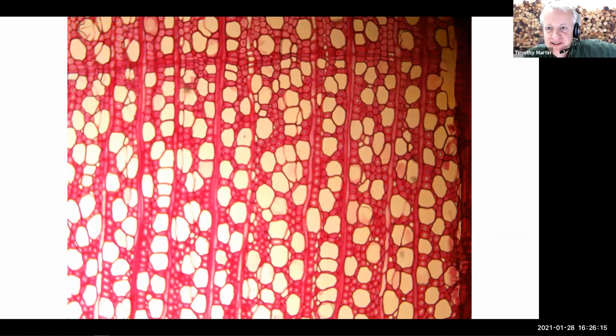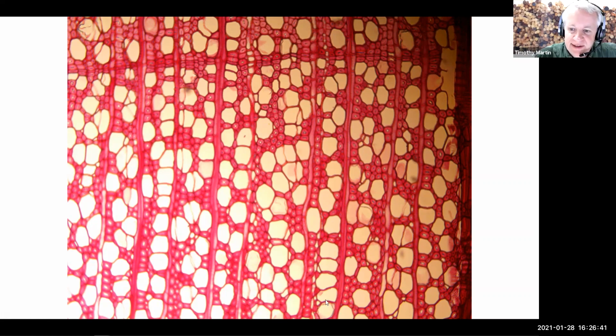This cross section is of sweet gum, which is an angiosperm, but it's a diffuse porous angiosperm. So remember, diffuse porous species have similar vessel sizes across the entire growth ring. So basically all of these big white spots, those are vessels.